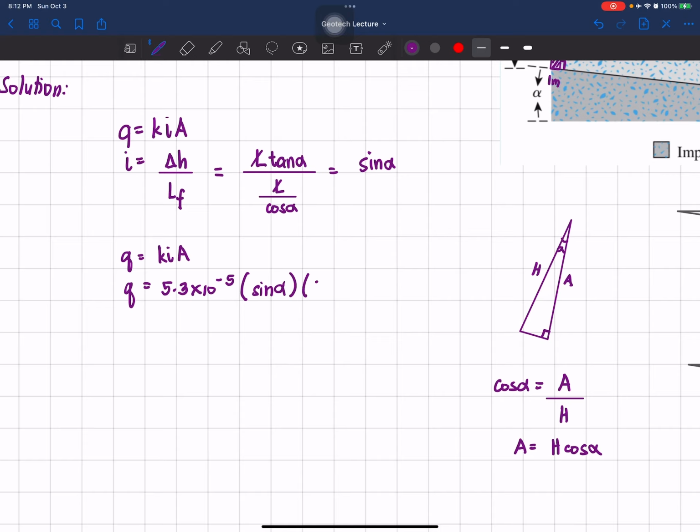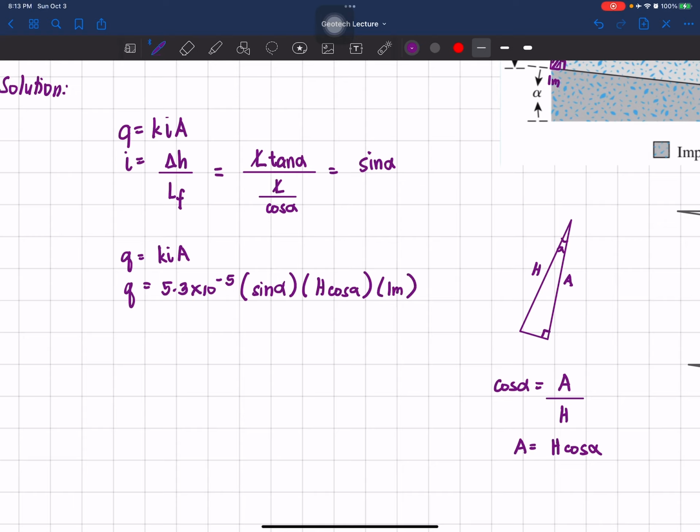That is 3 cosine alpha. Yung h kasi natin, guys, dito, that is actually 3. Or kung gusto niyo, lagay ko na lang muna dito h cosine alpha. And then, considering 1 meter strip ng width, so that is 1 m.